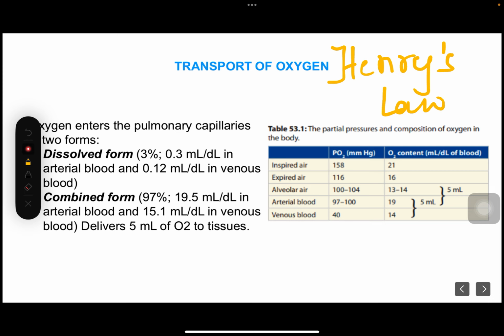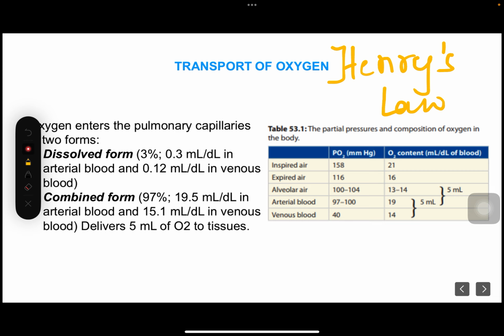Then coming to the combined form. Oxygen is transported in the blood bound to hemoglobin. The RBC has hemoglobin within it, so oxygen will be in combined form with the hemoglobin, bonded to it, and then delivered to the tissue.